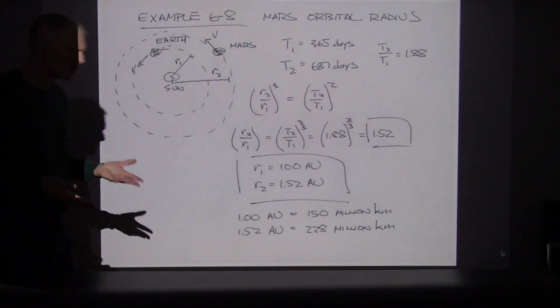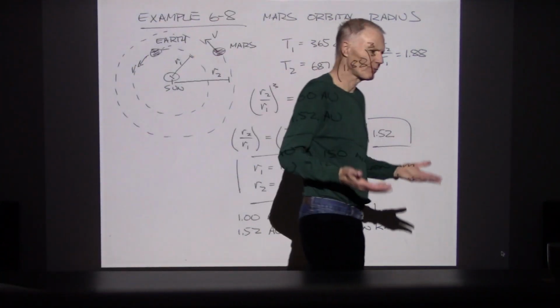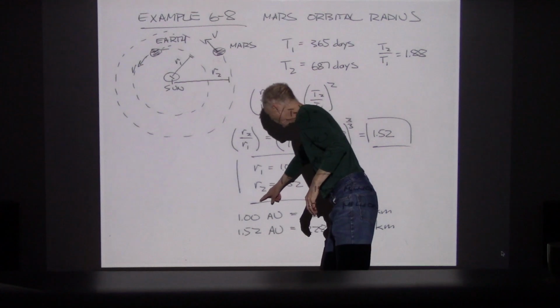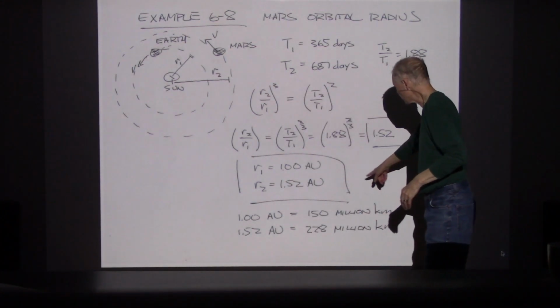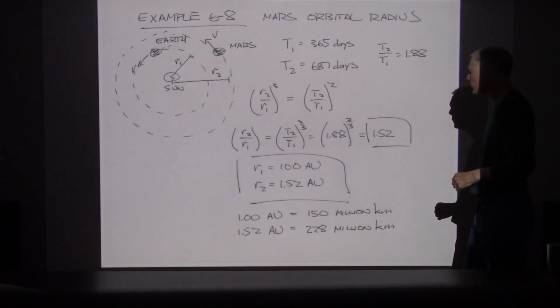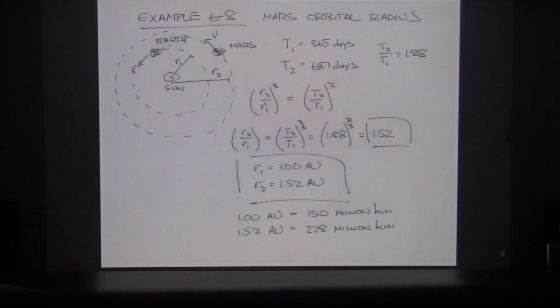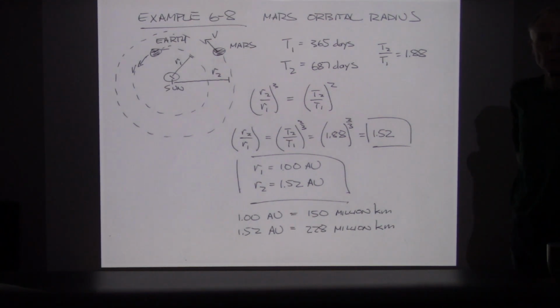So we use these units, astronomical units, kind of a funny name, to designate the radius of the Earth's orbit. So 1 AU, the Earth's orbit, is 150 million kilometers. That tells us that Mars at 1.52 AU is going to be 228 million kilometers.